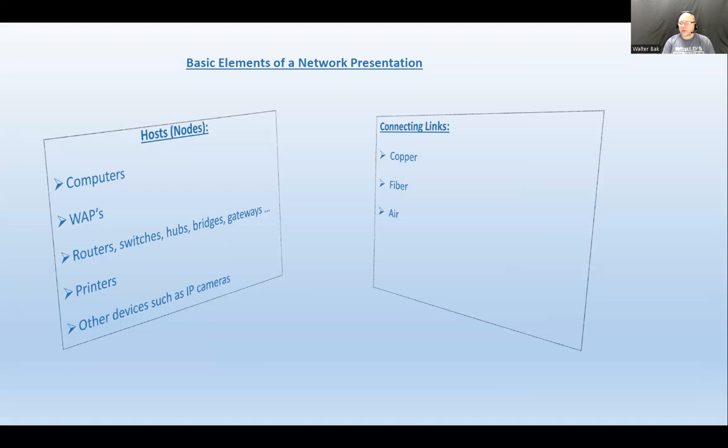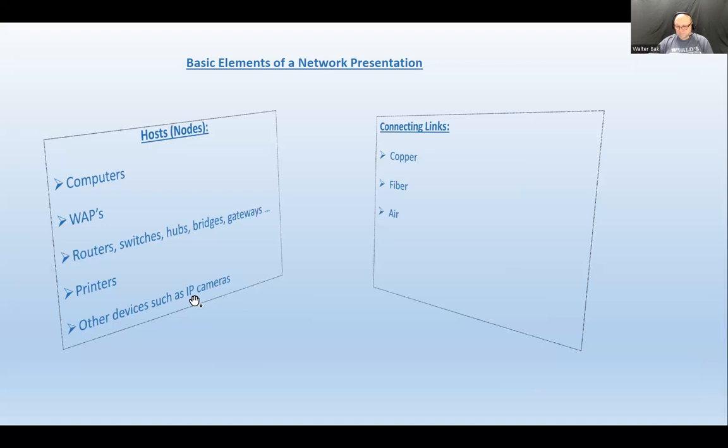This course is about the cabling infrastructure, which also involves, in a big way, mounting racks on the wall, putting equipment into the racks and connecting them certain ways. So it's not just running a cable from point A to point B and terminating them at both ends. There's a lot more involved in this field, right? So other nodes will be printers and other devices, for example, IP cameras.